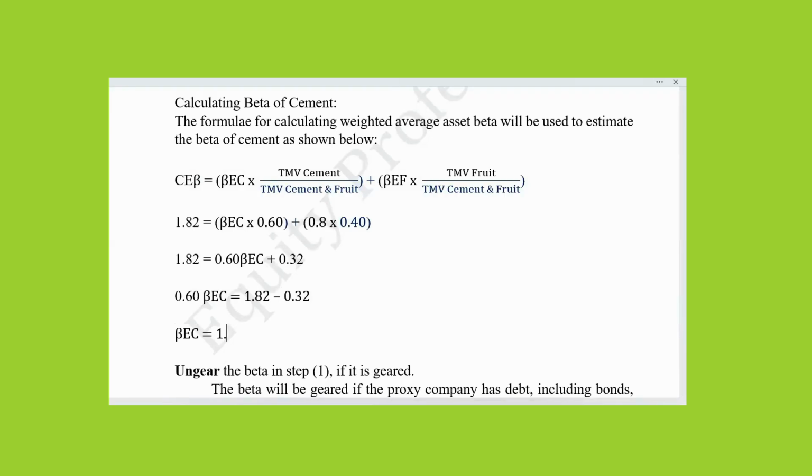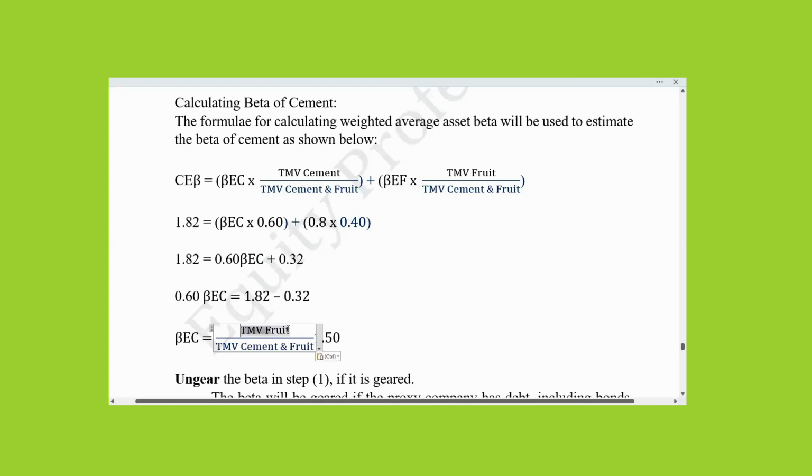That should be 1.50. So 1.50 divided by 0.60.